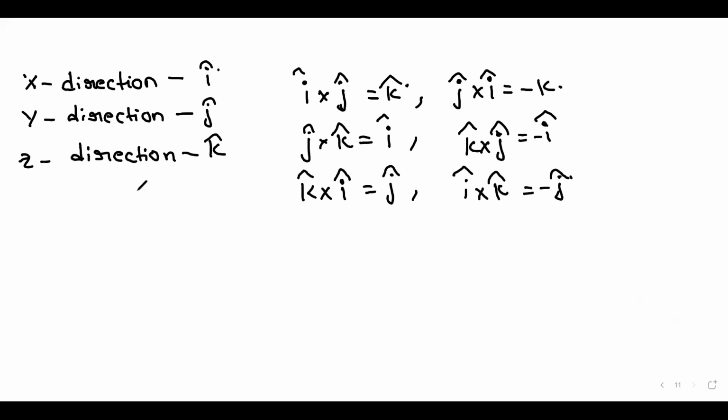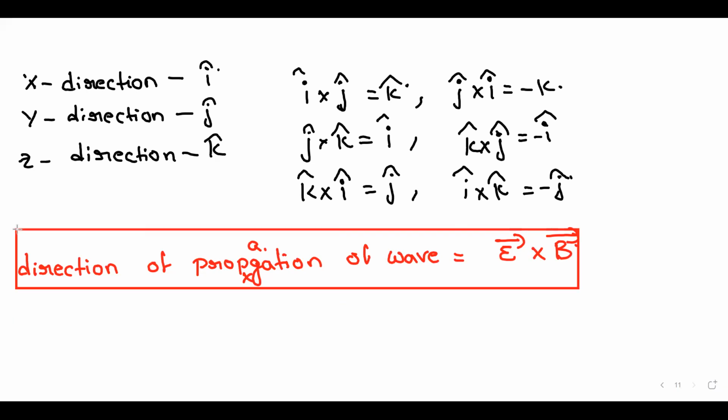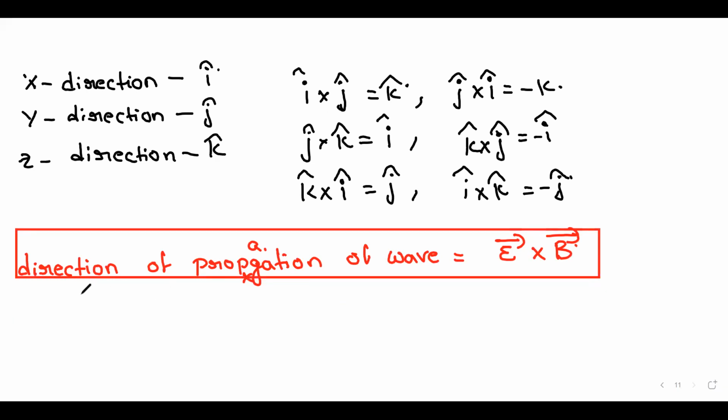The direction of propagation of wave is given by E cross B. Here, for this formula, what is E?